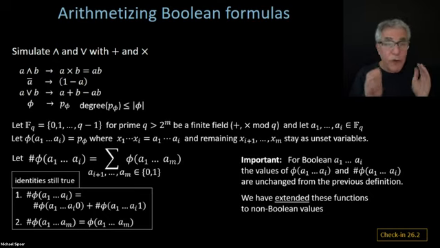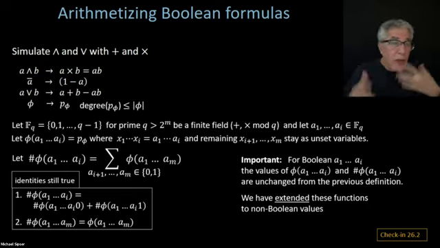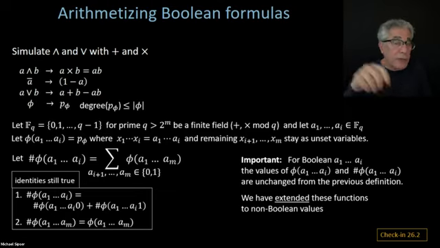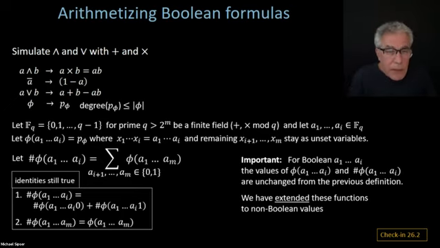Now it just becomes a formal thing. You're just plugging along, doing what the polynomial says. Numbers are coming out, and you're thinking, oh, this is just nonsense. But the thing is, it's going to have a meaning that's going to be useful to us. That's what this protocol is going to show. So you can't think about it as negation anymore. The negation becomes 1 minus x in the arithmetized world, and you just have to live with that.